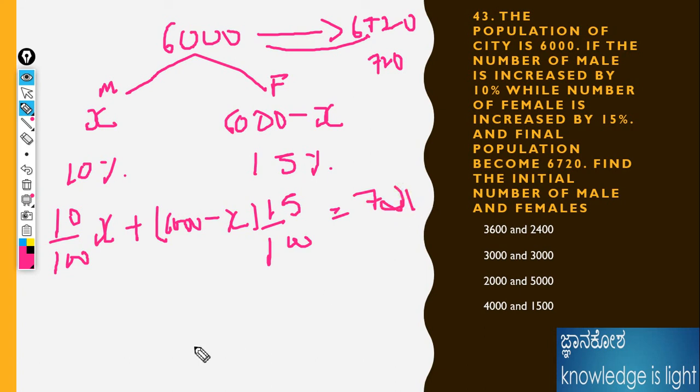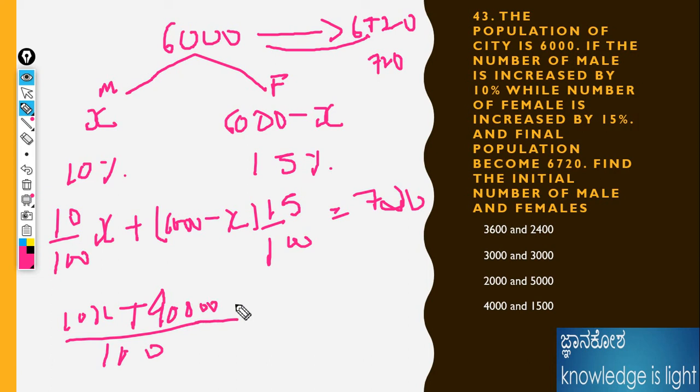720, isn't it? If I solve that one, LCM 100, therefore 10x plus 15 times 6,000 is 90,000, so 90,000 minus 15x is equal to 720.